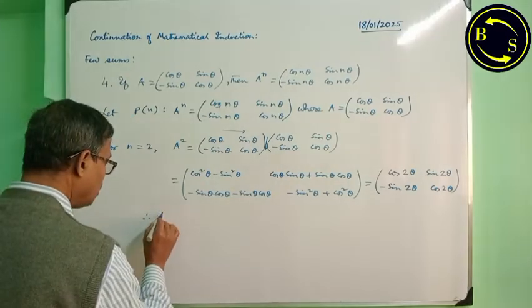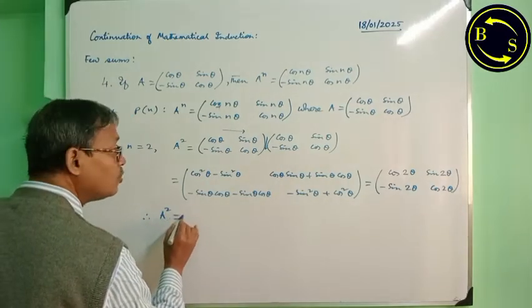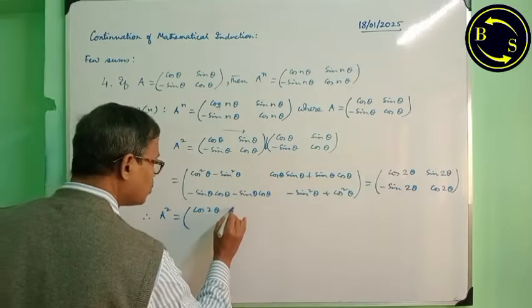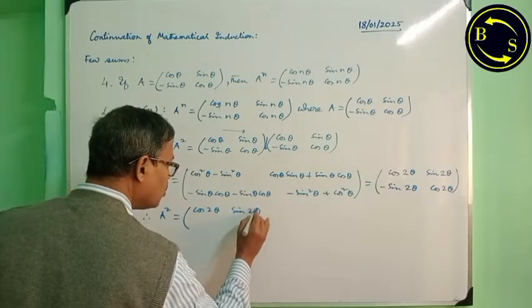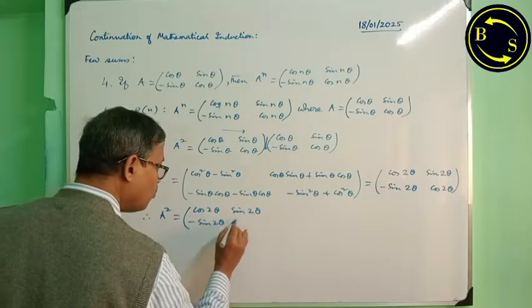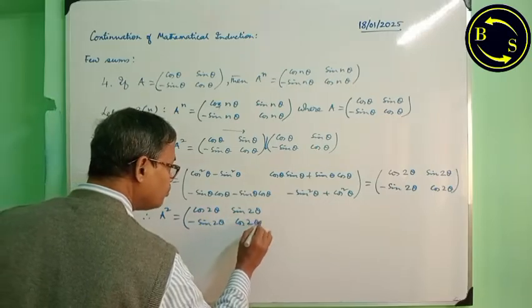Therefore, A squared equals cos 2 theta, sin 2 theta, minus sin 2 theta, cos 2 theta.